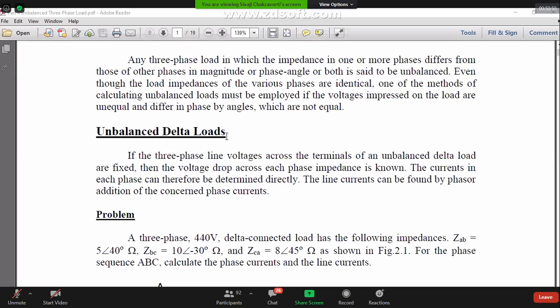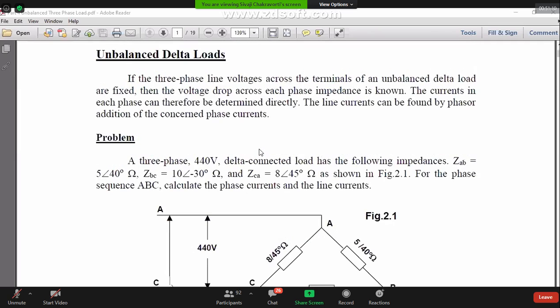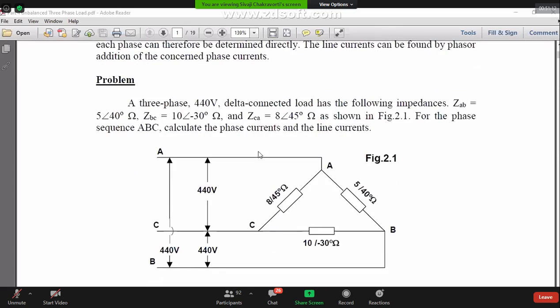But now how to solve it? Because so far we have not dealt with that. So now I will go to that topic, source balanced, load unbalanced. And when I say load unbalanced, I have to take star connection as well as delta connection separately because they behave differently. So I will go to that and I will show you.